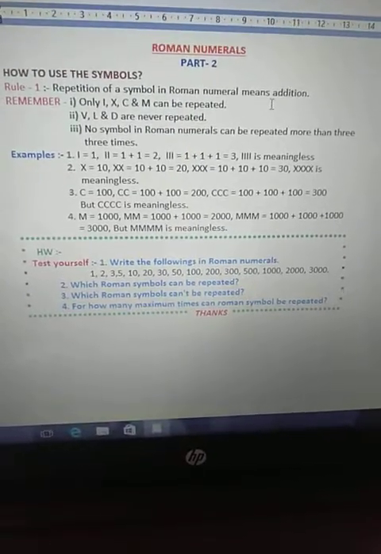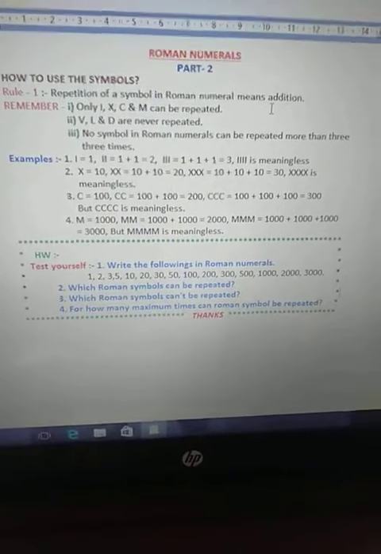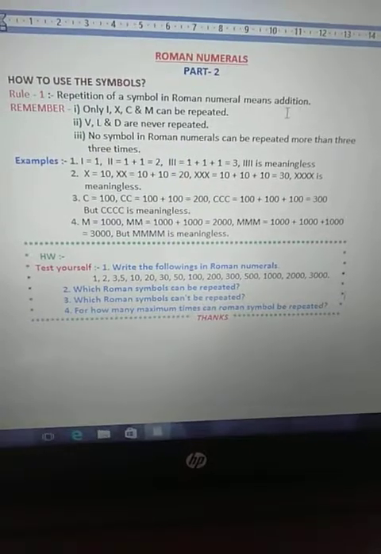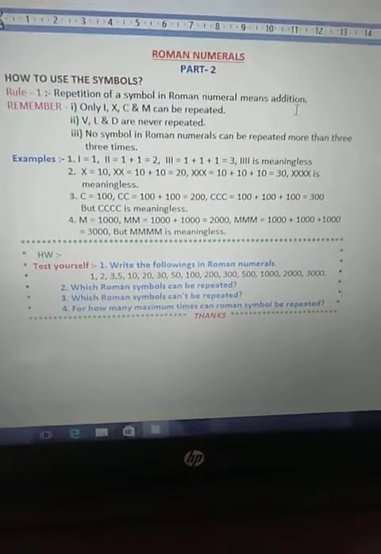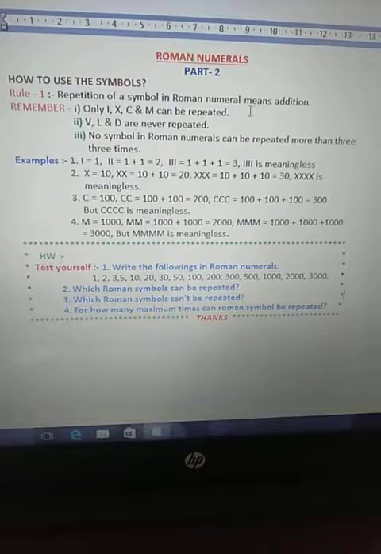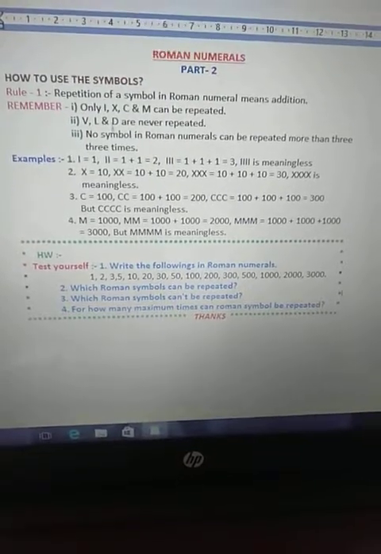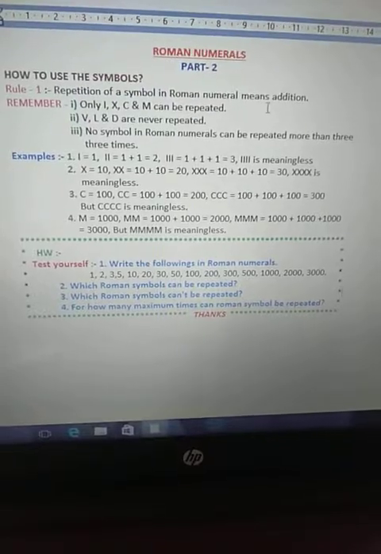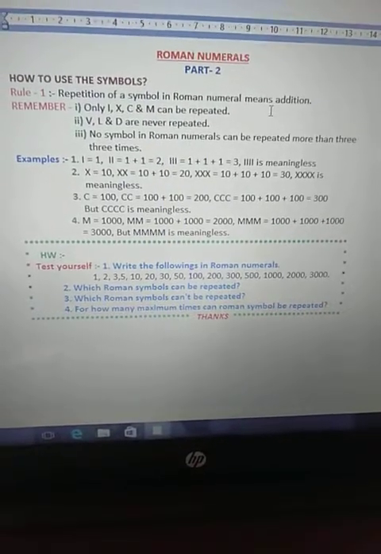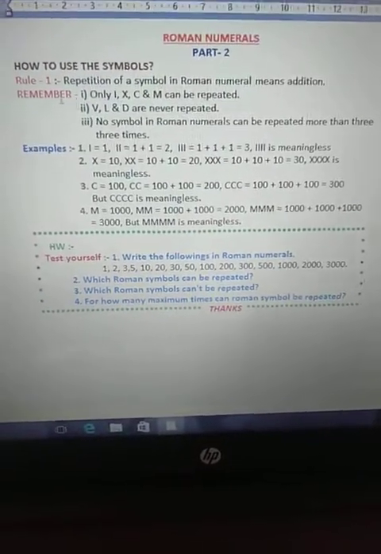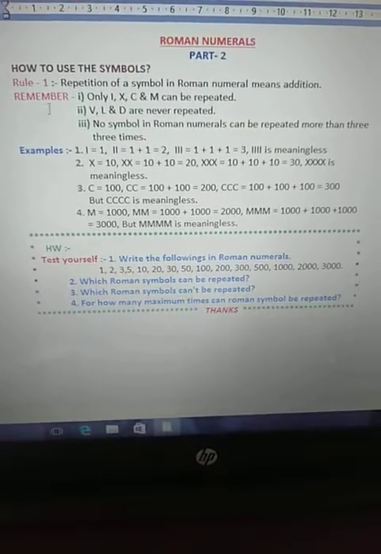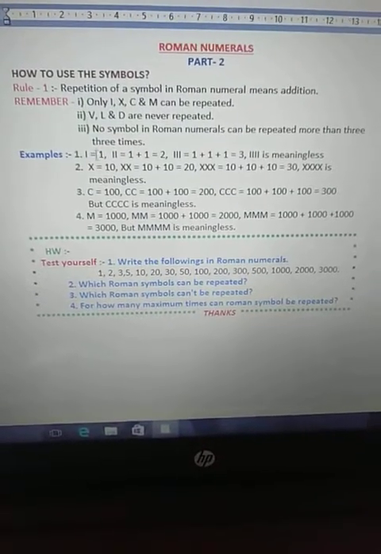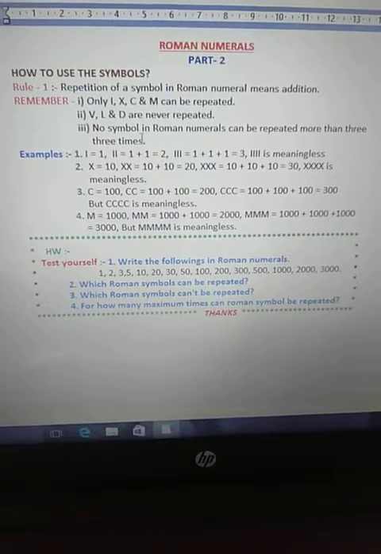Suppose I is repeated, that means I plus I. Can you understand? So, repetition of a symbol in Roman numerals is addition, and you can know the value.